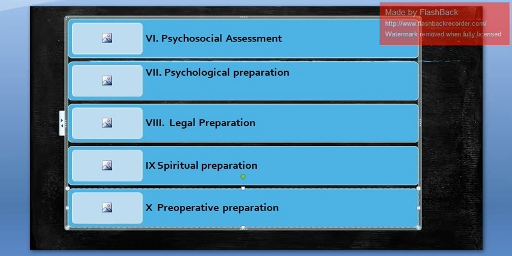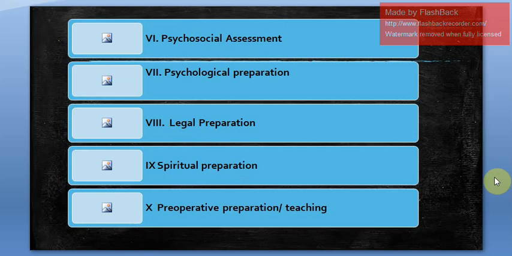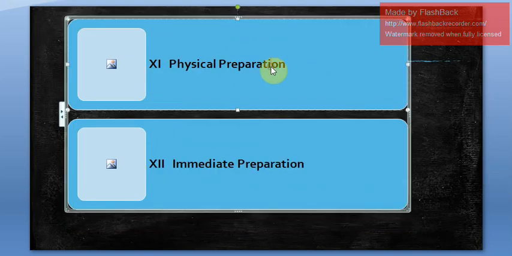Remember, preoperative preparation means you are giving preoperative teaching. Next comes physical preparation, which mainly includes skin preparation. Next is immediate preparation. It means the preparation that is done just before the surgery, what you will do immediately before sending the patient to the operation theatre.